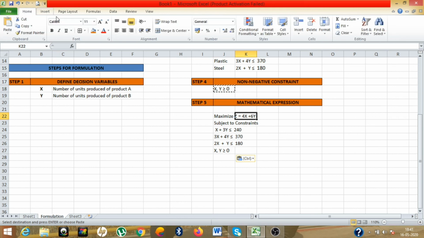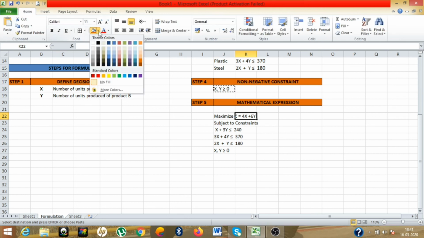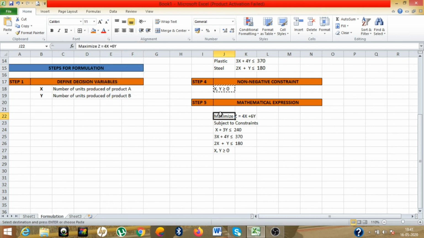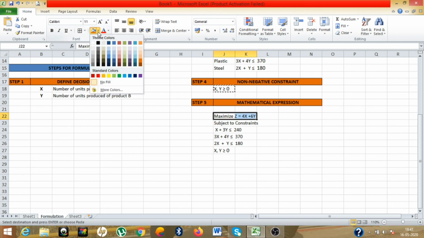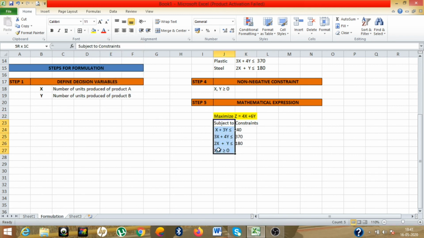So this is the mathematical expression, and our verbal description is converted into a mathematical formula. So this is the formulation of linear programming problem.